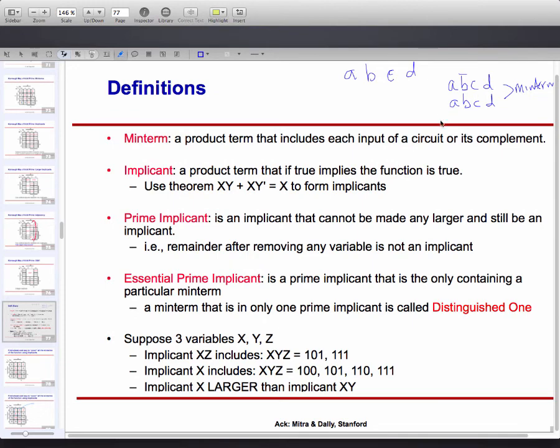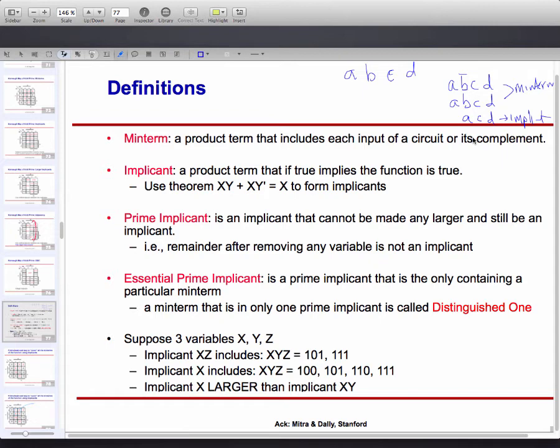I could also combine these two minterms and write A, C, D. And that's an implicant, because B is not occurring here, but the function is true for ACD also. Of course, a minterm is also an implicant, but not all implicants are minterms.